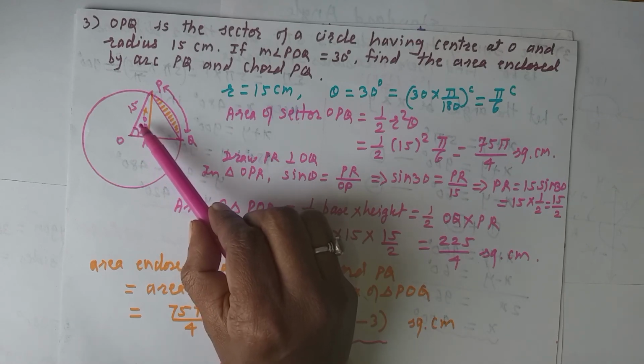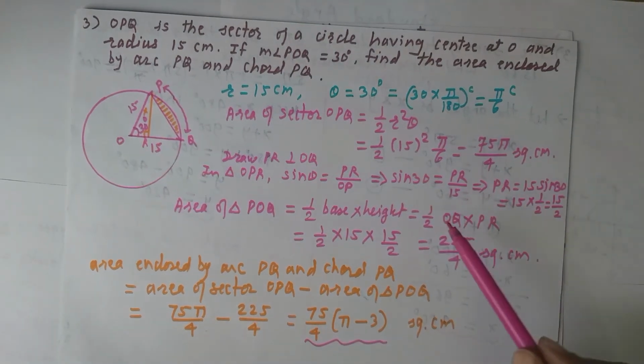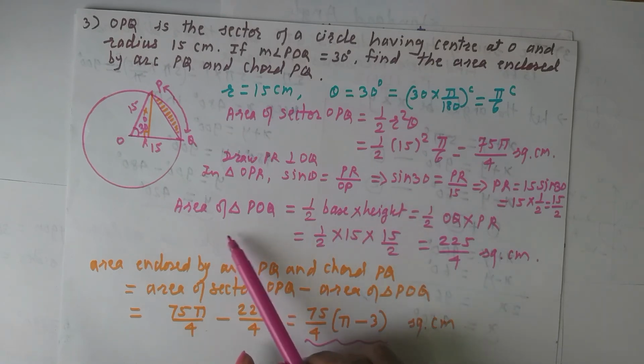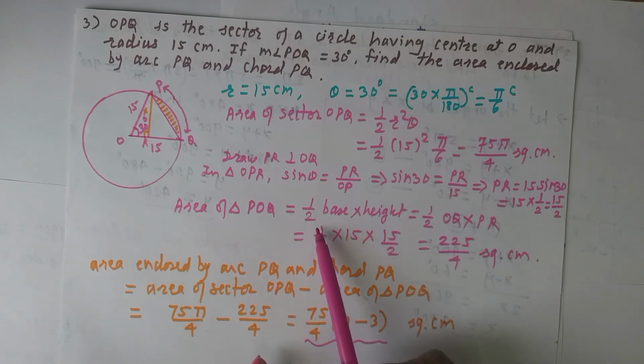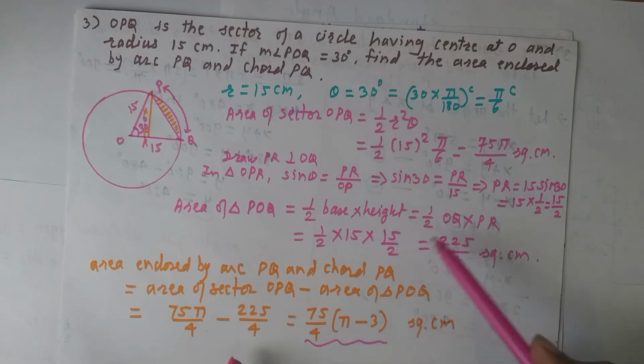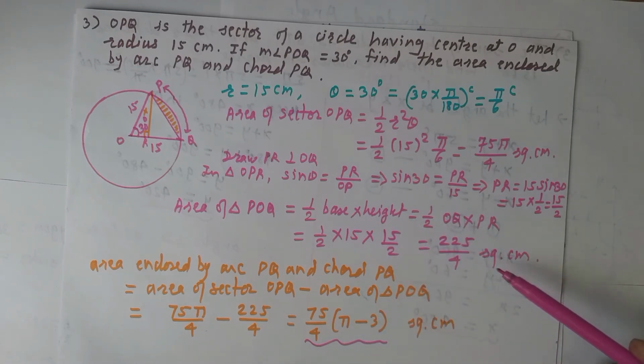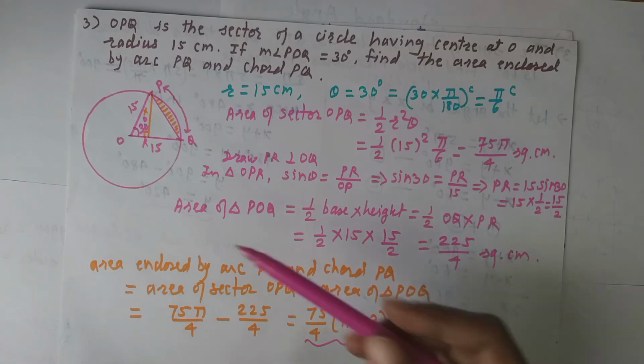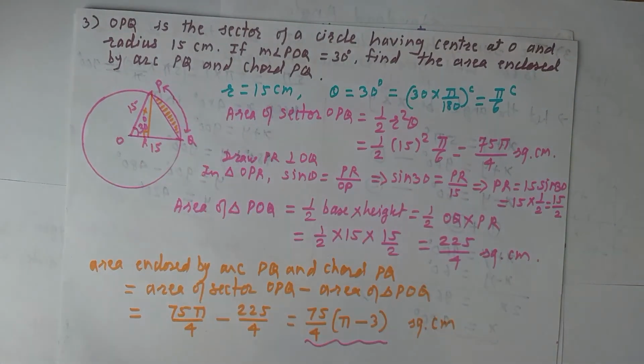Find sin theta, and you will get the height of the triangle. Use the formula for triangle, half base into height, keep the values, simplify, and you will get the area of the triangle. And the area enclosed by arc and chord means nothing but this shaded area. I have to subtract the area of triangle from the area of sector, then I will get the enclosed area.